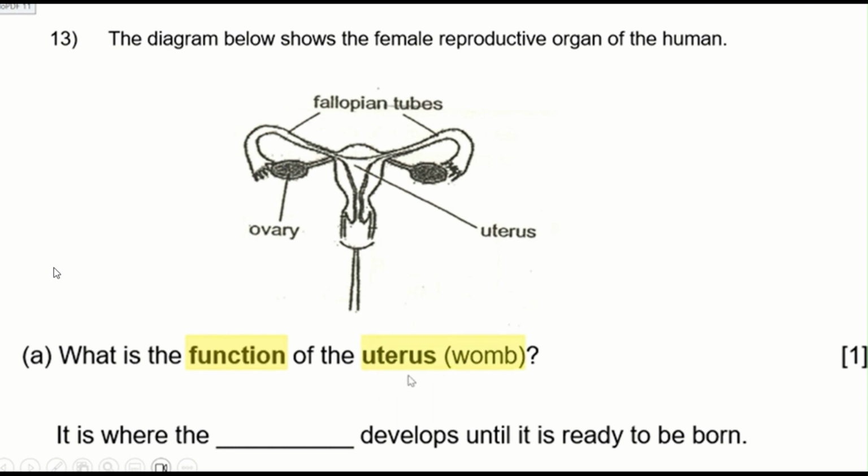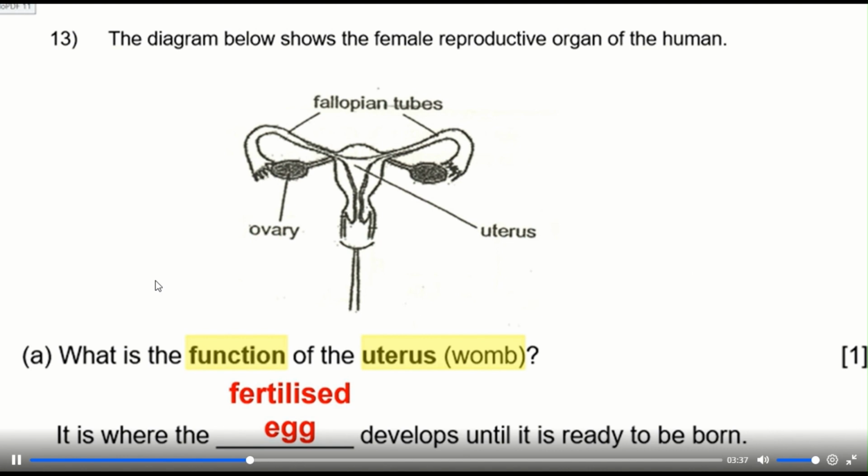This is a question that requires you to remember some facts. The function of the uterus is where the fertilized egg will develop and grow until it is ready for the baby to be born.